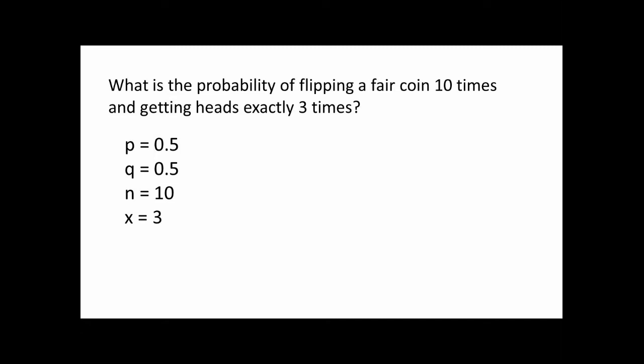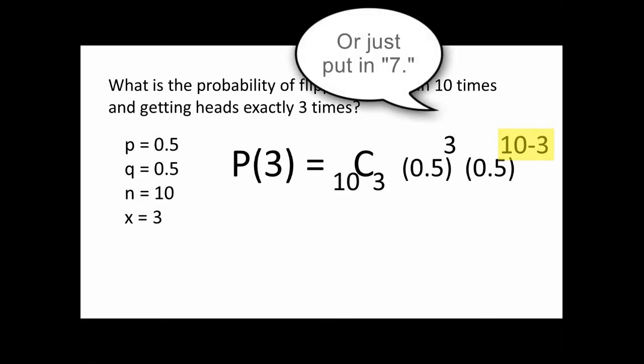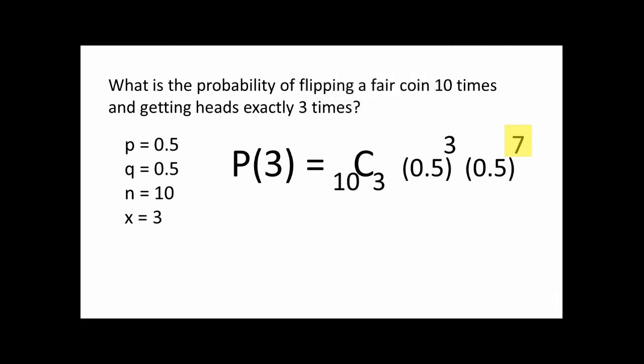We have n equals 10 trials, and we want to know the probability of x equals 3 successes, and we can put it in the calculator. Remember to use the caret to do exponents, and if you are actually typing 10 minus 3 for the exponent for q, to put that part in parentheses. The answer to 3 decimal places is 0.117.